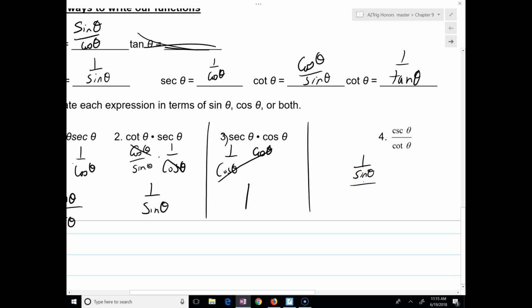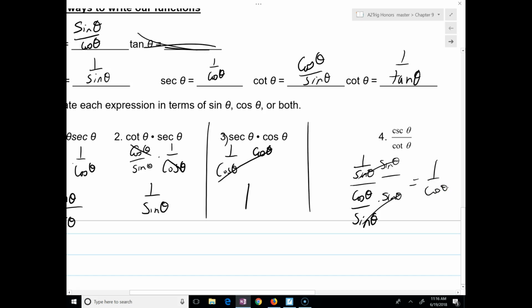Cotangent, I could do 1 over tangent, but I'm going to stick to sine and cosine because the directions say to keep it in terms of sine and cosine. So cotangent is cosine of theta over sine of theta. And we actually get a complex fraction. To deal with a complex fraction, remember you find the LCD at the top and bottom, and multiply through by it, which is sine of theta. Technically we're multiplying by 1. Bam! Get 1 over cosine of theta. And that's in simplest form.